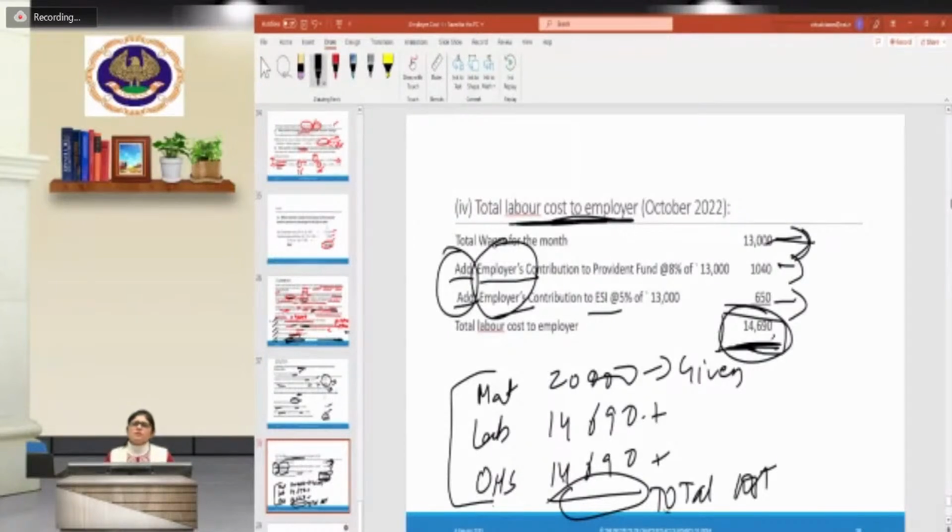What is the role of different departments for labor cost control? What is the accounting and the treatment of how we find the earnings of workers, how we find the labor cost, how we treat the normal idle time, how we treat the abnormal idle time, how we treat the overtime, and how we actually include it in the different departments, and what we take to the profit or loss account.